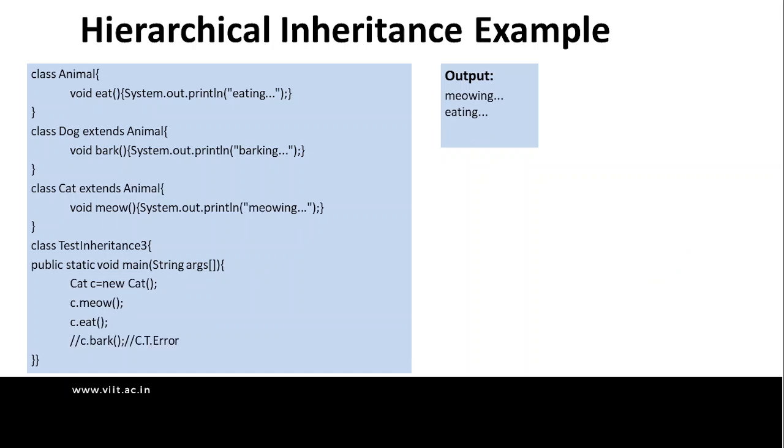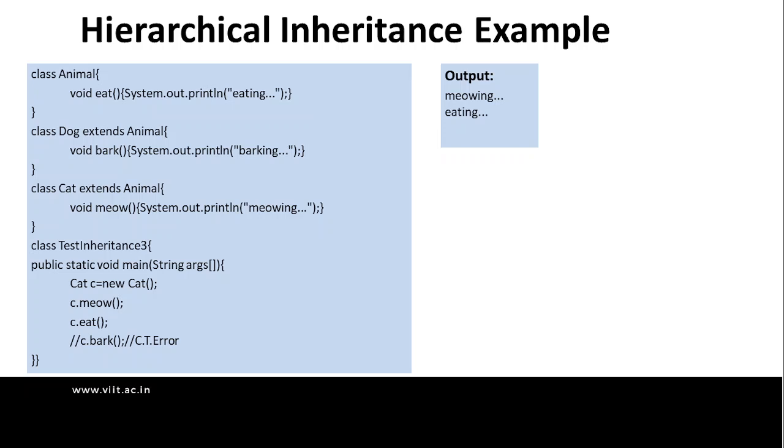So that's hierarchical inheritance. In hierarchical inheritance, Animal can eat, then Dog can bark, and Cat is also an Animal, and Cat can meow. So if you create a Cat, it can meow.